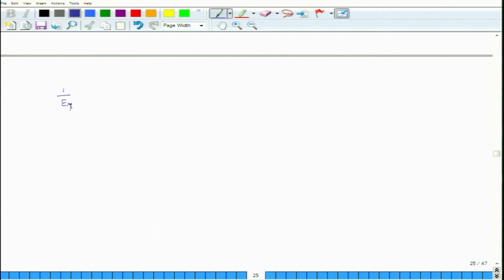So this is 1 over Ey, and that equals sin 4 theta over El plus cosine 4 theta over Et plus 1 over 4 times 1 over Glt minus 2 Nult divided by El, times sin square 2 theta.